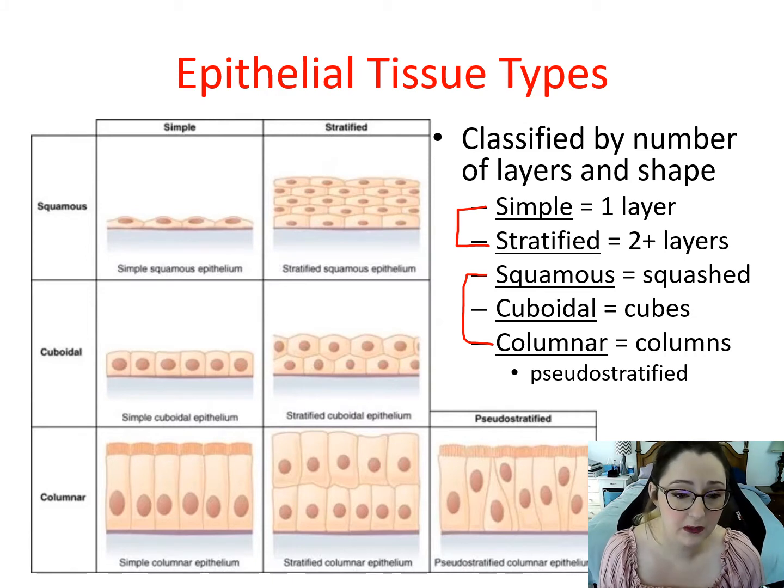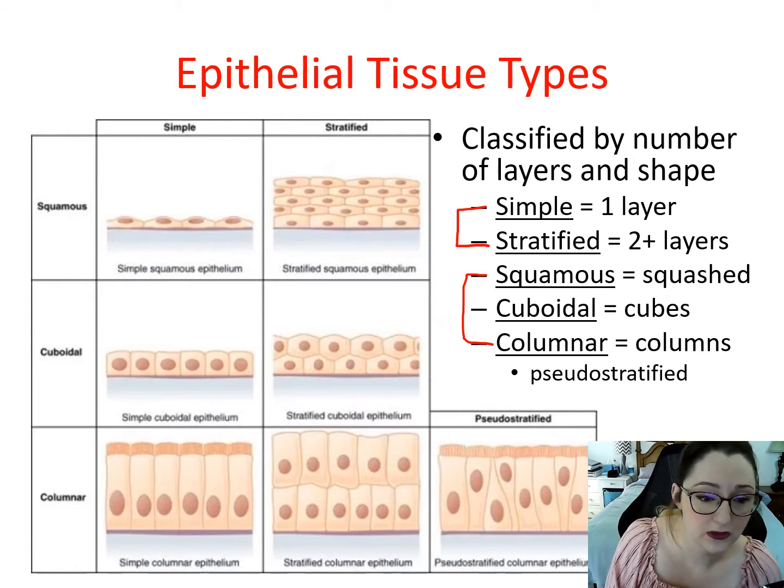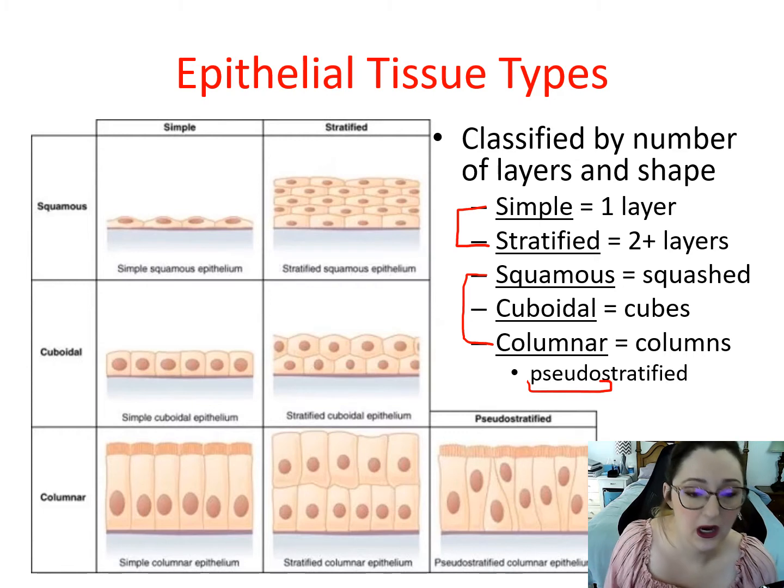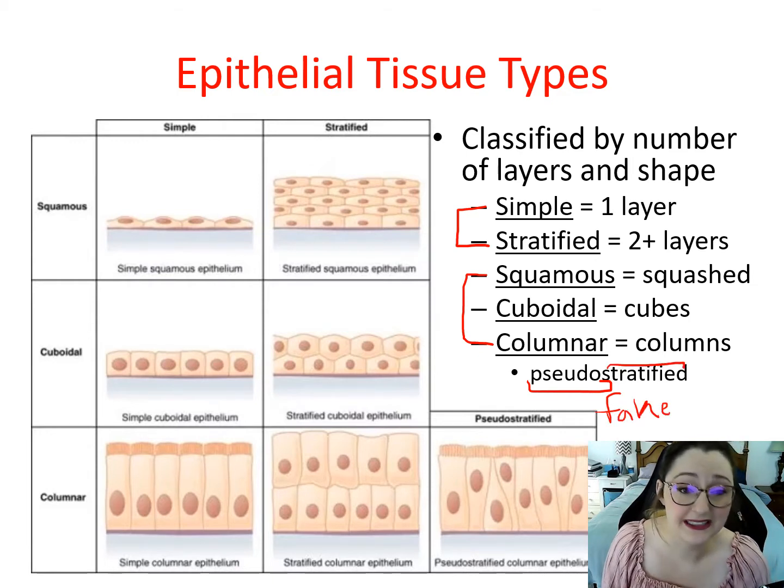And within columnar, we have a term called pseudostratified. So this term here, pseudo, is going to mean fake. And then we know that stratified means layers. So what this means is that it is just fake layers.